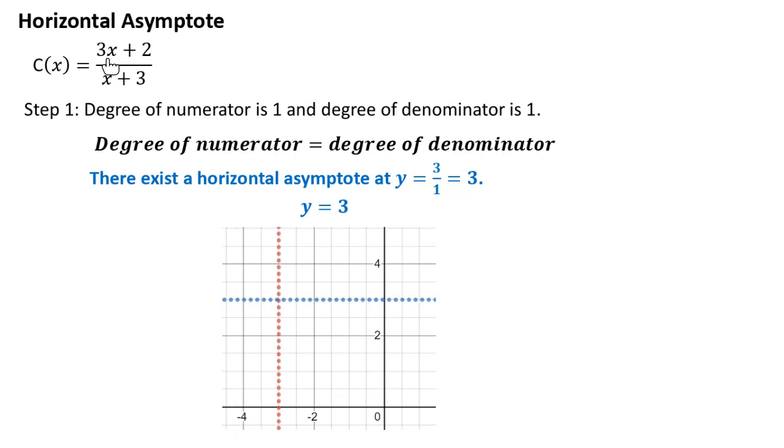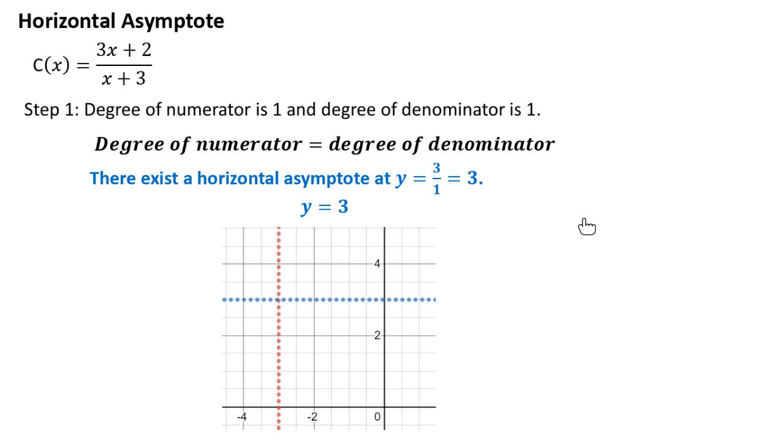In this case, the leading coefficient of the numerator is the number in front of your variable with the highest power, which is x. So we take the 3. And we're going to divide by the leading coefficient of the denominator, which here is a 1. So my horizontal asymptote would be y equals 3 divided by 1, which is equal to 3. And so my horizontal asymptote is at y equals 3.